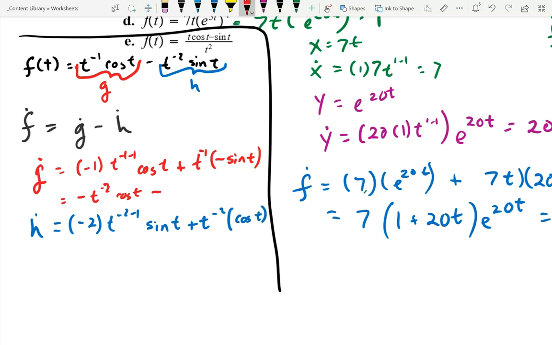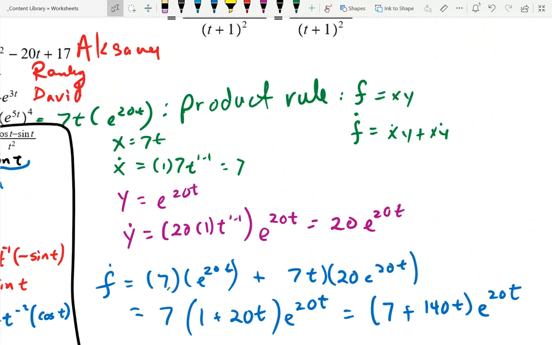Sorry, what was that, Oksana? What do you add it to? I understand it's like negative 2 t and then negative 3, and the sine t remains the same, but what are you adding it to? Well, I'm doing the product rule.